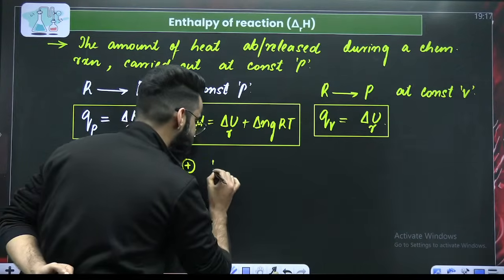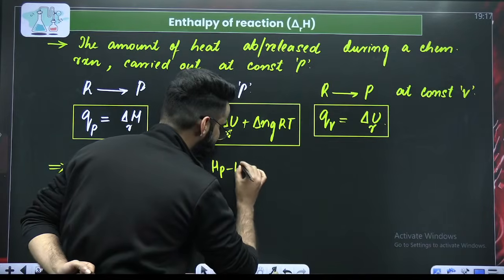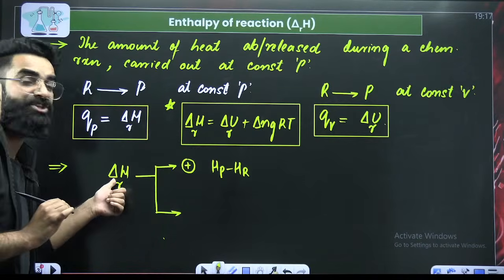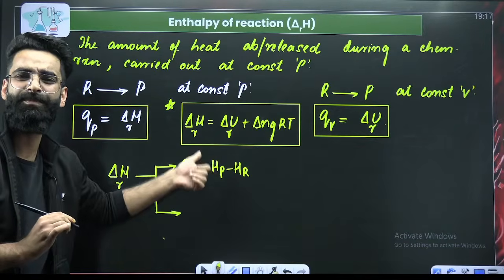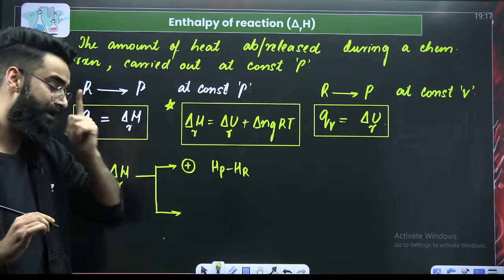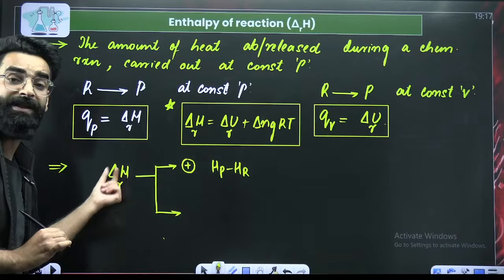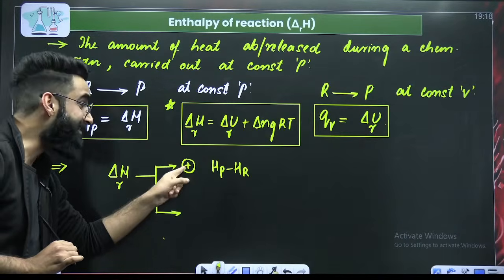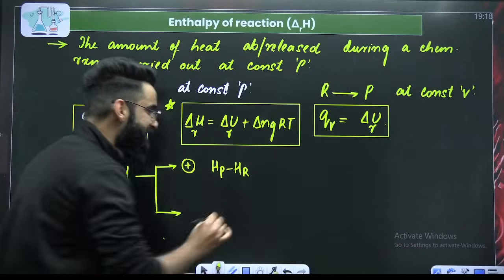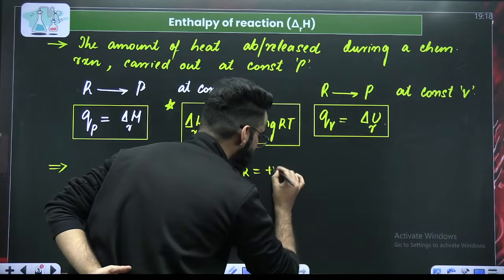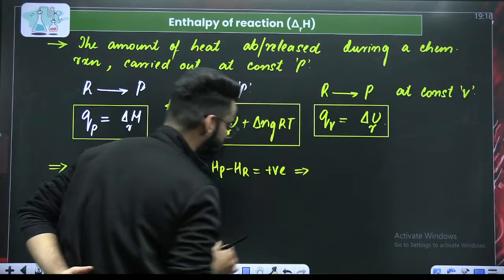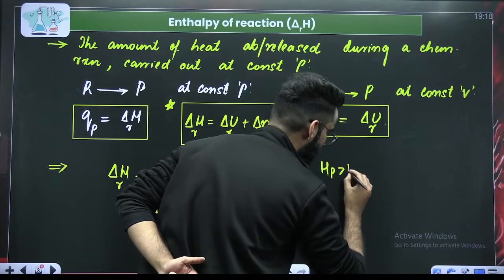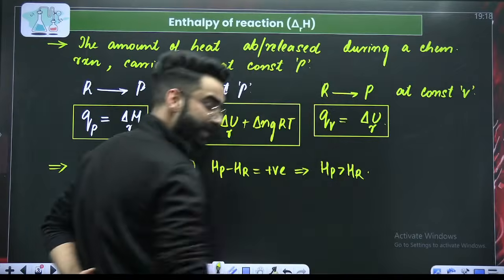You can call it enthalpy of products minus enthalpy of reactants as well, right? Now, that particular reaction whose delta H is positive, delta H positive means HP minus HR, this term is positive. When can this particular term be positive? This term can be positive only if enthalpy of products is greater than enthalpy of reactants.